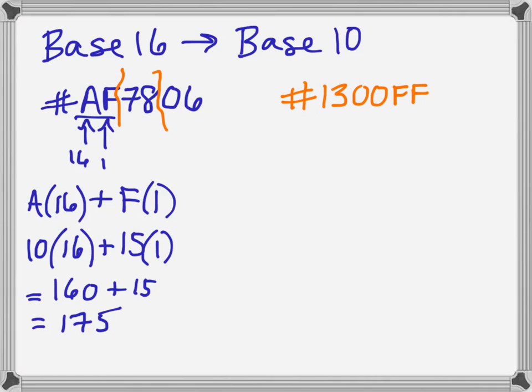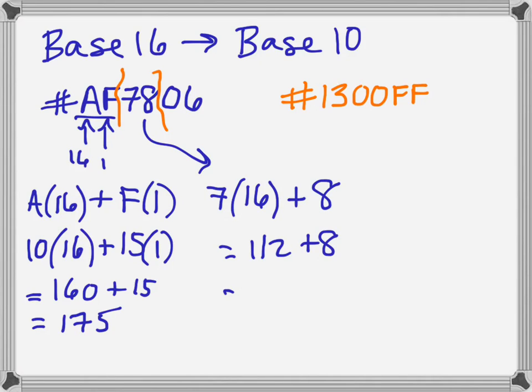78, or I should read that 7-8, would be 7 groups of 16 and 8 ones. That is 112 plus 8, which is 120. And then finally, 06.